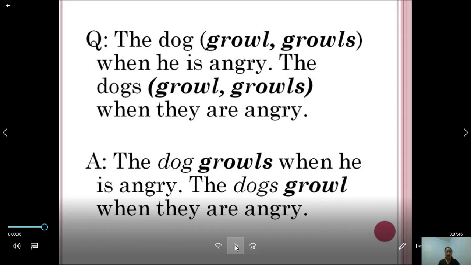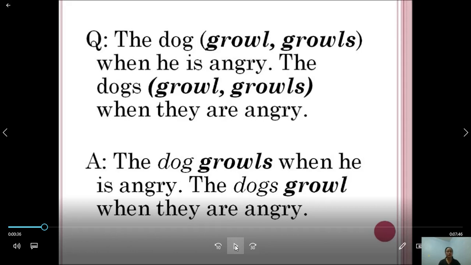has an S. Okay, so unlike a noun, which requires adding S or ES for the plural form, or in some cases changing Y to I and adding ES. And in the second statement, the dogs growl when they are angry.